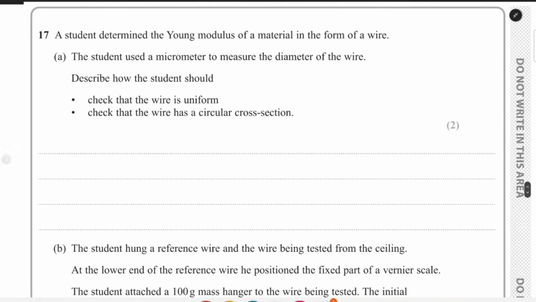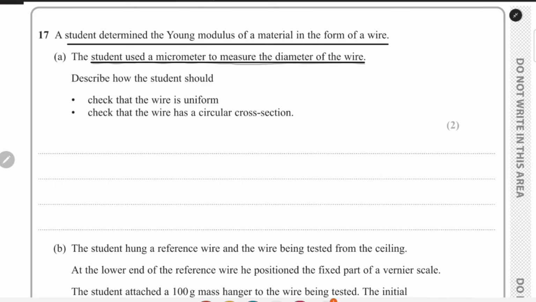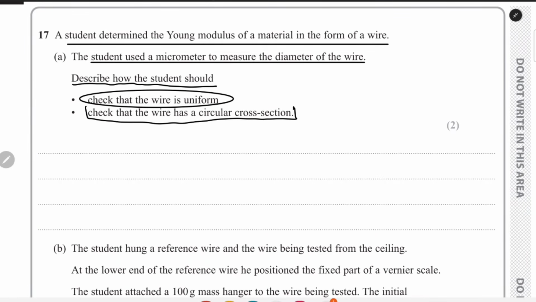Now on to question 17. A student determined the Young modulus of a material in the form of a wire. The student used a micrometer to measure the diameter of the wire. We have to describe how the student could check that the wire is uniform and check that the wire has a circular cross section.